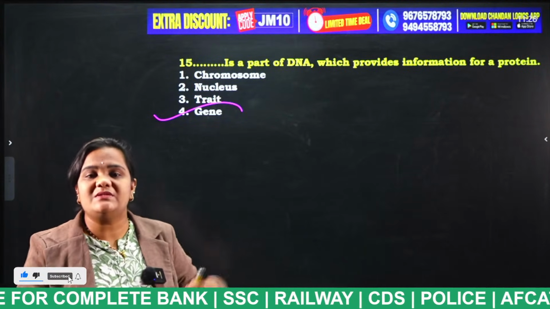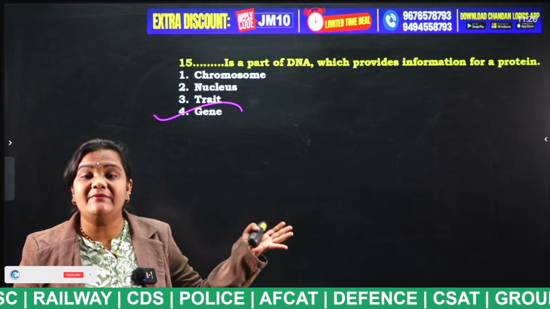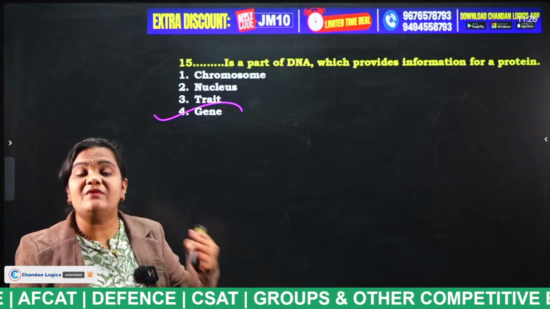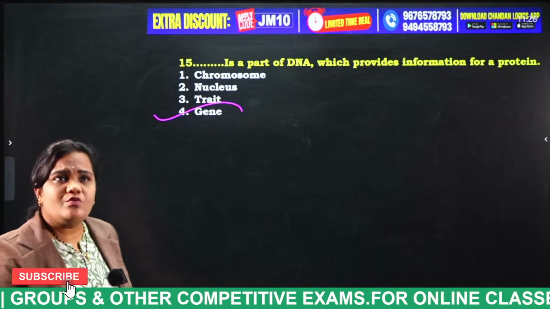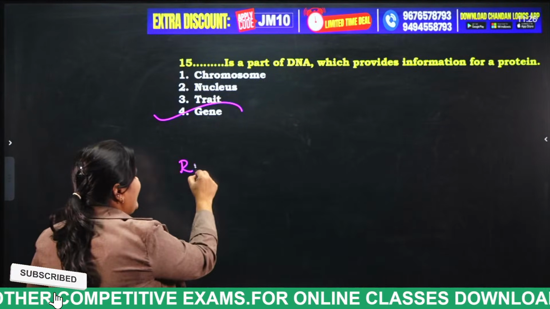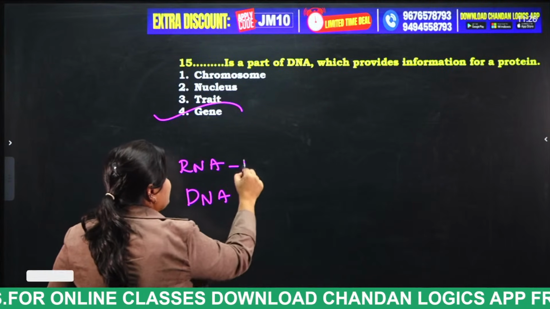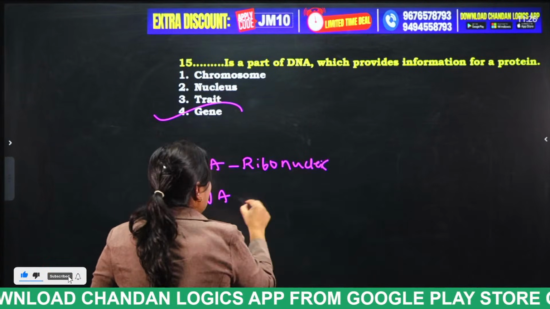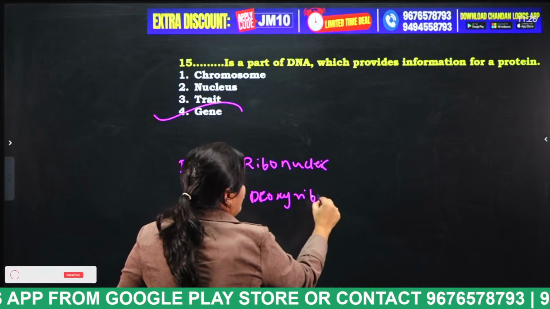Someone will say you have the genes of your father. That means the information for proteins will be taken from the genes only. What is the difference between RNA and DNA, students? RNA is ribonucleic acid, and DNA is deoxyribonucleic acid.